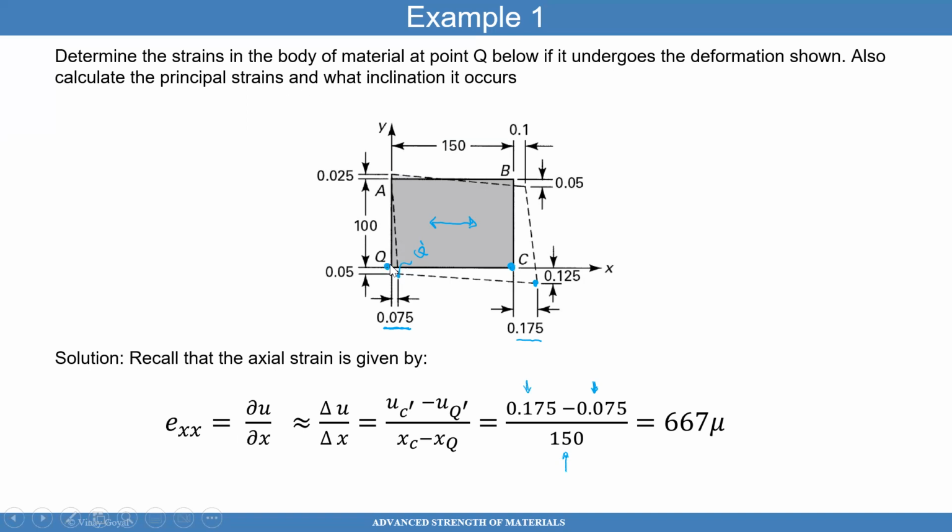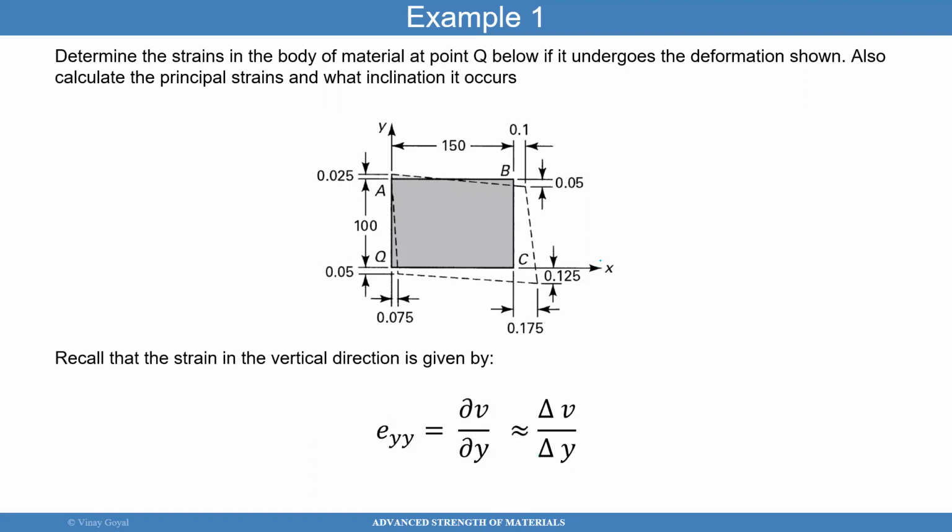So I'm looking at this location, not above, but I could also do it above if I wanted to. When I do the calculation, I get 667 microns. The deflection U is measured positive to the right-hand side, because the x-axis is pointed to the right. That's why.